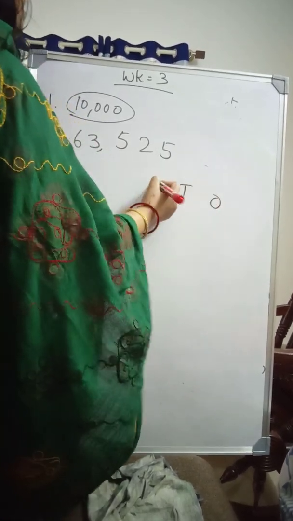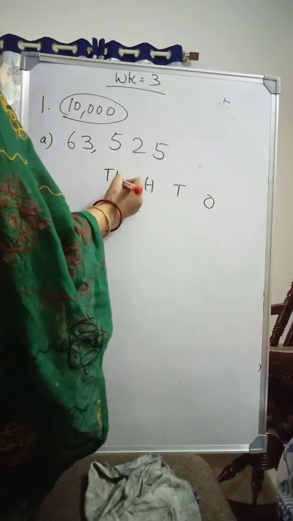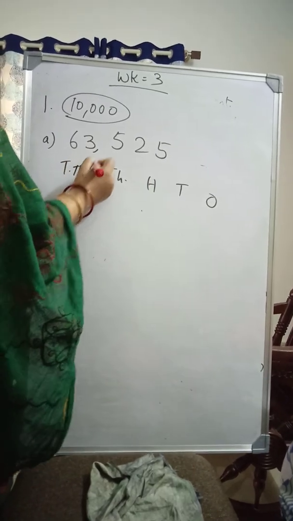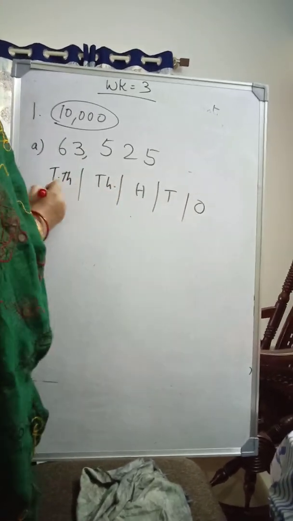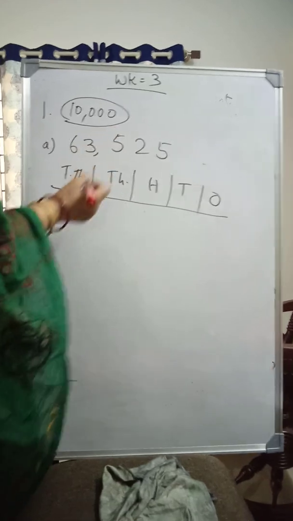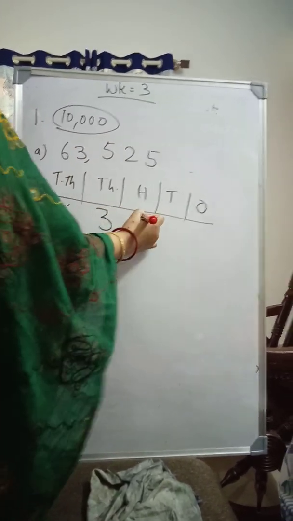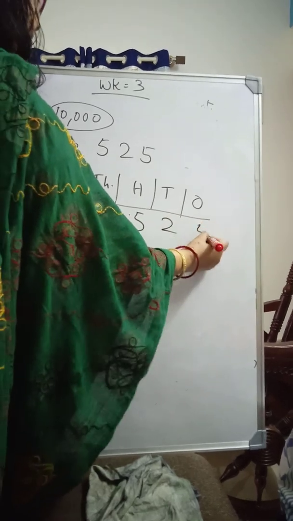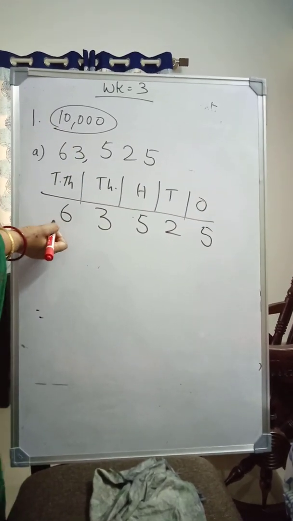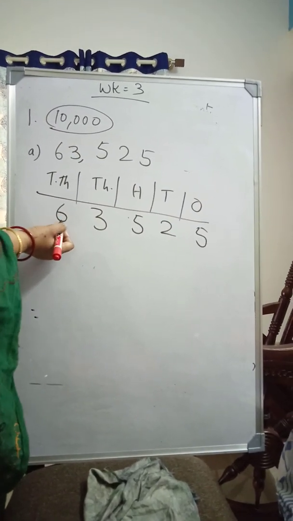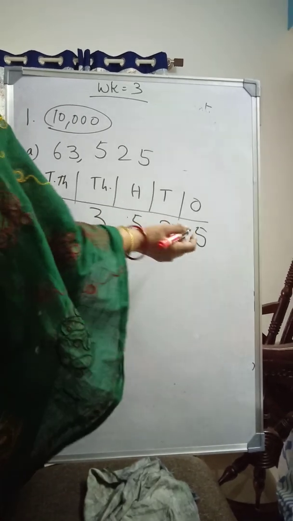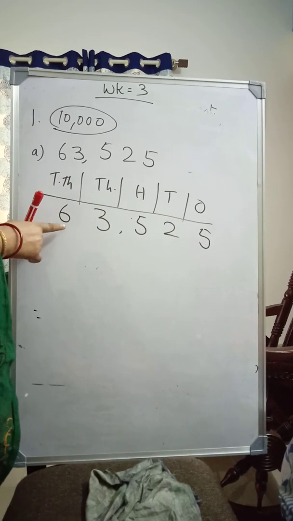Ones, tens, 100, 1,000 and 10,000. Now insert the digits at the correct places. 6 at 10,000, 3 at 1,000, 525. So we have to round off 63,525 to the nearest 10,000.